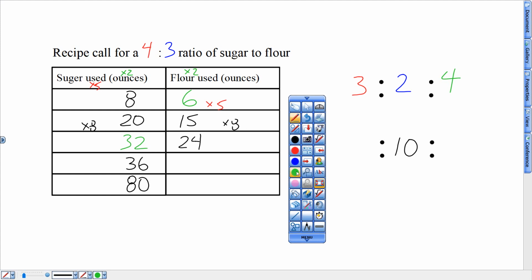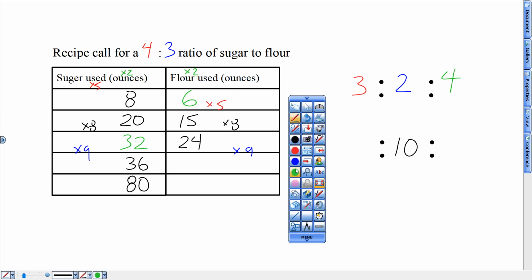Over here, you're looking at this 4, and way down here, what gives you this 36? The only number times 4 to give you that 36 is timesing by 9. So I go way up to the top because I'm always timesing these two numbers up here all the way to the top to times that number by 9.